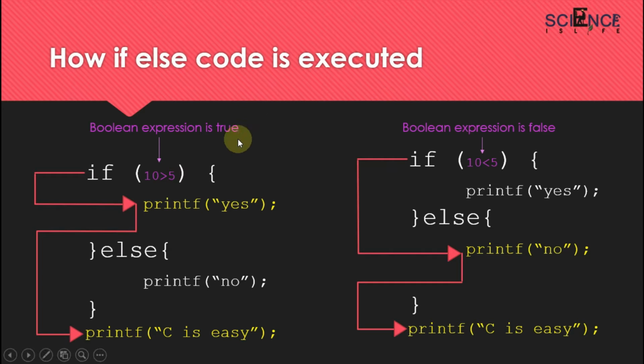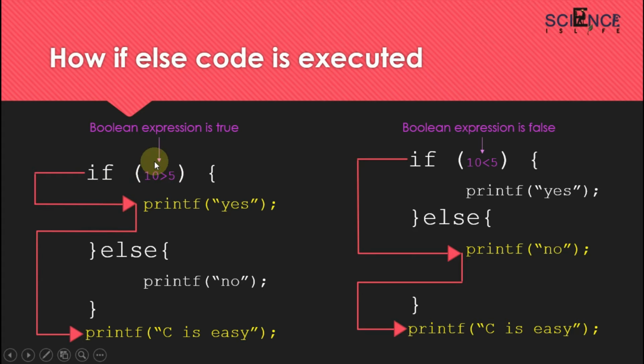Now let's see how if else code is executed within a program, right? Let's assume that we have inserted if else code inside our program. How will it be executed? The compiler will execute all of the code before this if statement, and after that the compiler will reach this if.